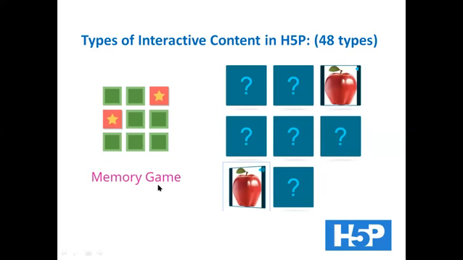So this one is a memory game. On seeing this image itself, you can understand. The student has to click the card, and the card turns automatically, and then they match the cards. You can create this type of content within 3 to 5 minutes.